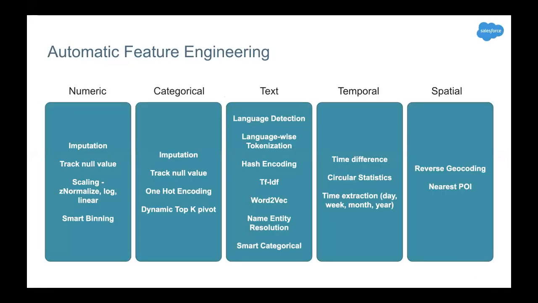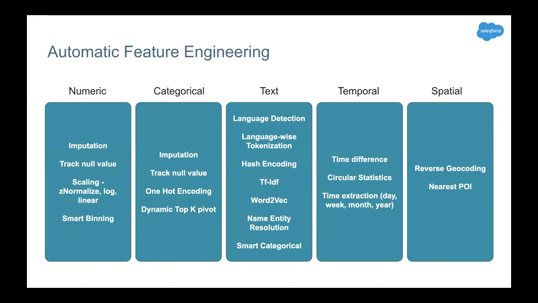So here are some examples of things we support for different feature types. As I mentioned, imputation for numeric, null value tracking, obviously scaling, normalization, smart binning. For categorical, we'll do, as I mentioned, one hot encoding and dynamic hot pivot and so forth. For text, we also have a lot of approaches that we implemented.